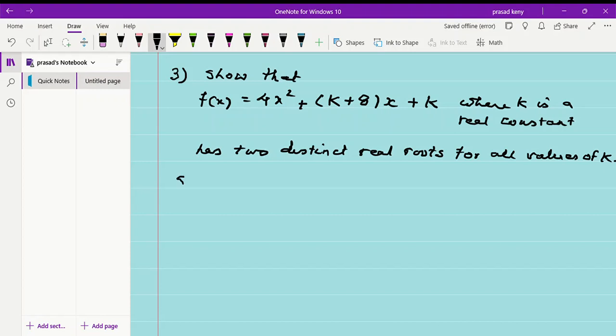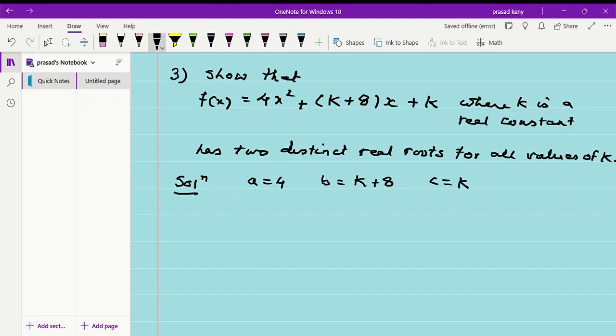So again here, first write down the values of a, b, c. So a is 4, b is k plus 8, and c is k.